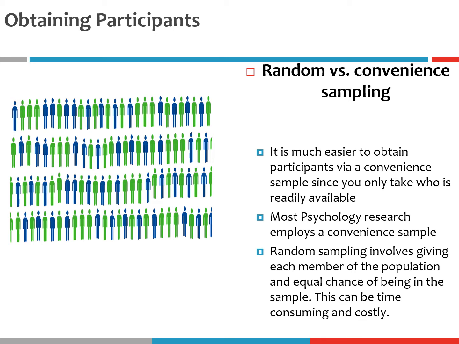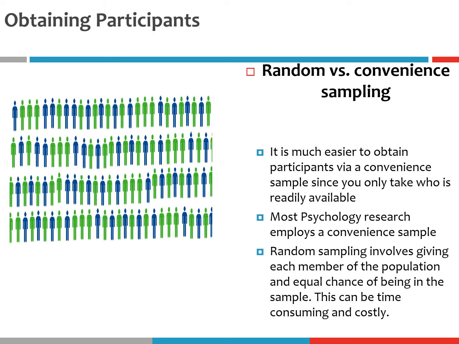The problem with a convenience sample is, although it's easy to get, it may not be representative of the population in which you're trying to draw conclusions about. So if I'm looking at BMCC students, there's 20-something thousand students. If I just go to the cafeteria on a Wednesday afternoon and take 50 people at 2 p.m., the students in my sample may not be representative of the entire population.